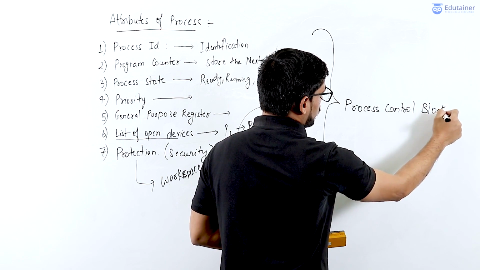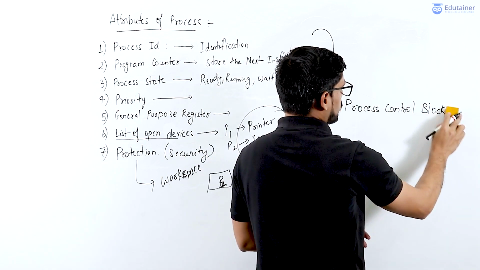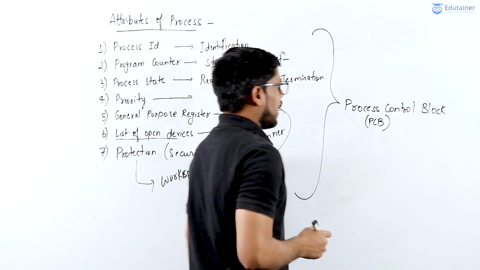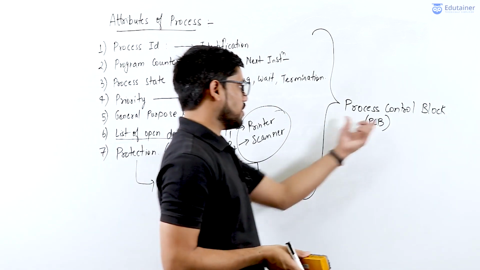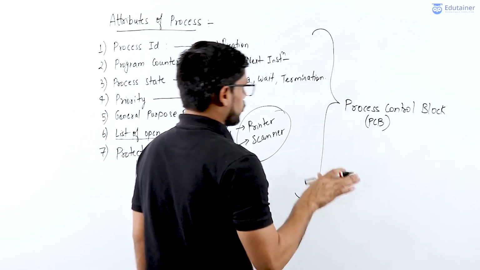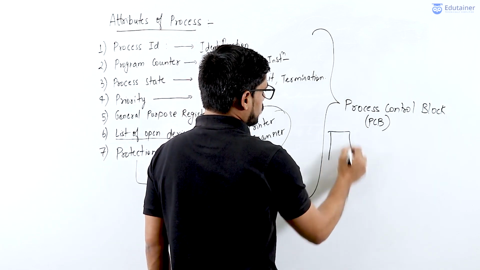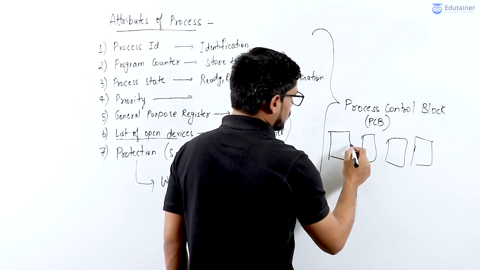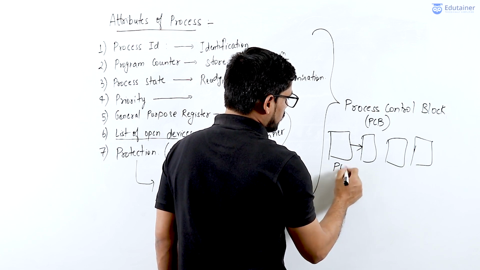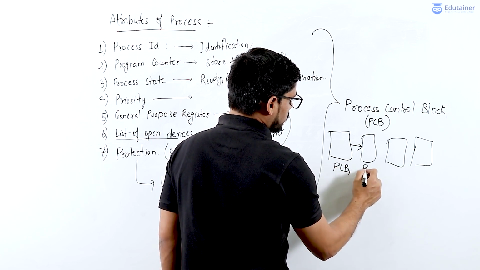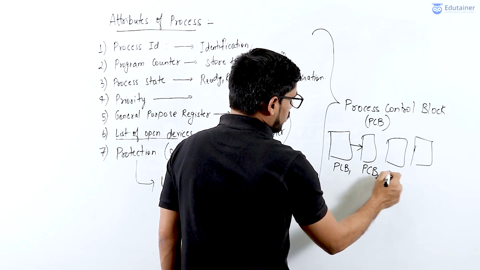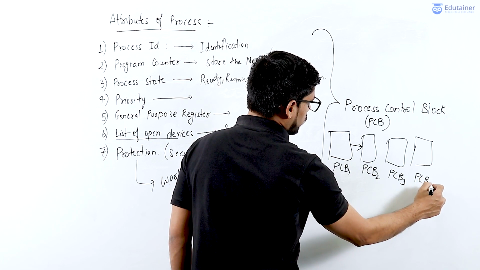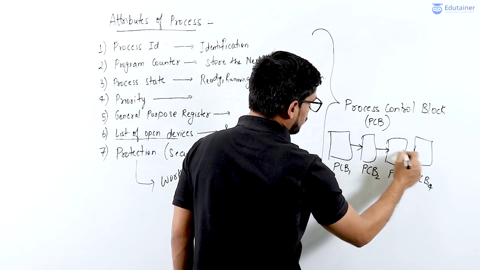So every attribute of a process is stored in the process control block, called PCB, and various processes have their own PCB, and all the PCBs are connected in a linked list manner. This is PCB1 of process P1, this is PCB2 of process P2, this is PCB3 of process P3, and so on, and all these are connected in a linked list manner.